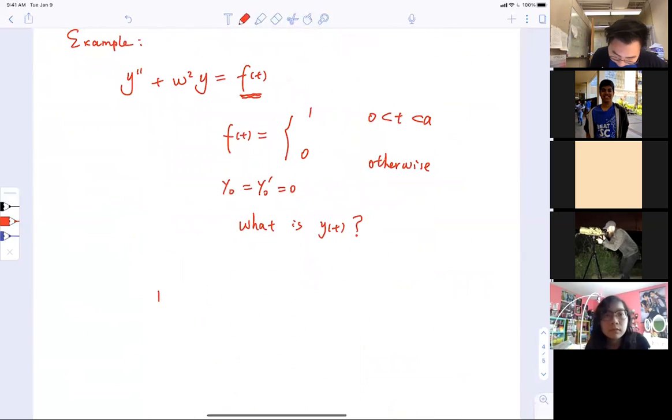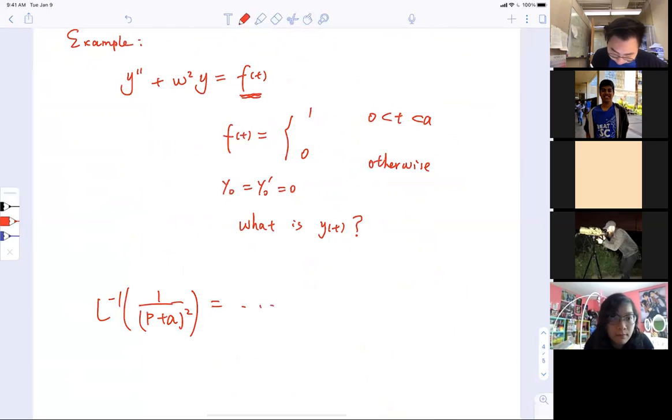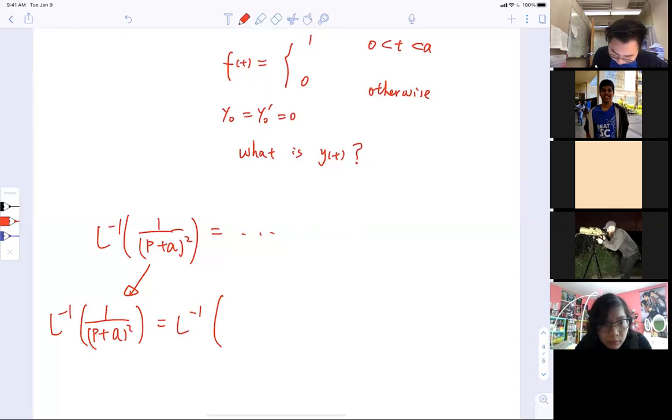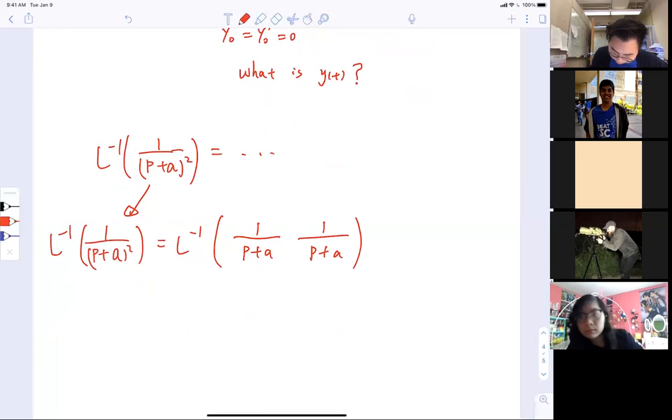For example, even for this kind of simple 1 over (p plus a) squared, of course if you look up the table there should be something that tells you what this is. I don't remember. And of course, you can also apply the convolution to solve this problem, right? This guy equals the inverse of 1 over (p plus a) times 1 over (p plus a).